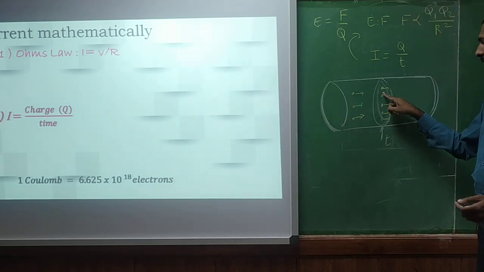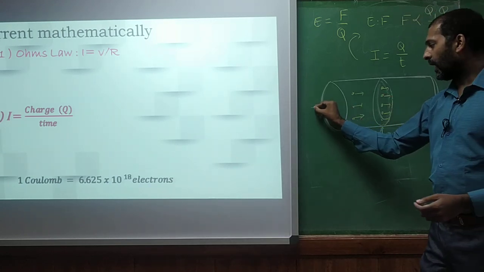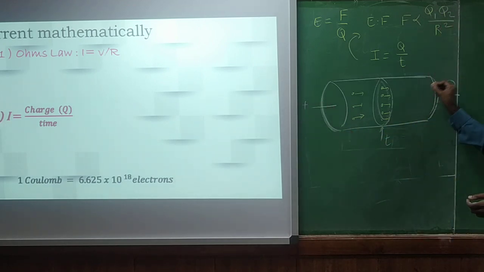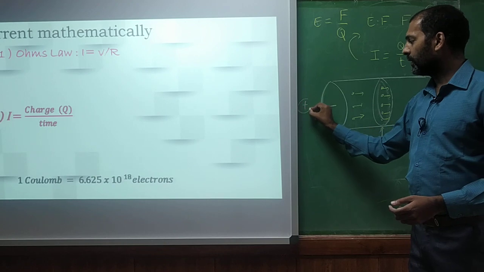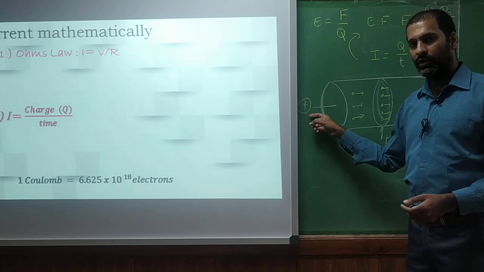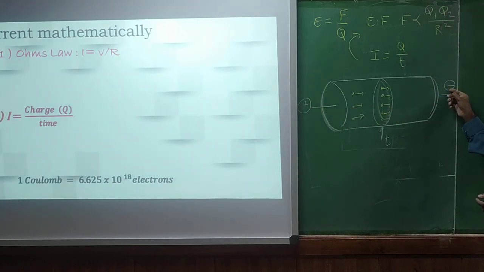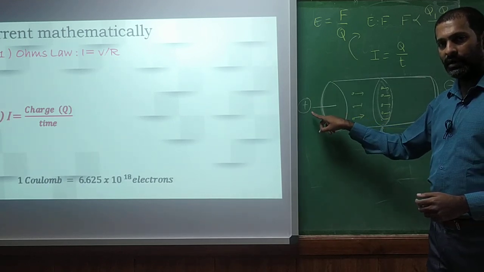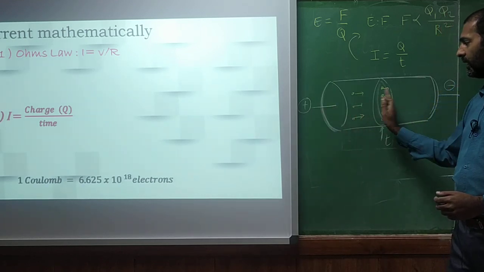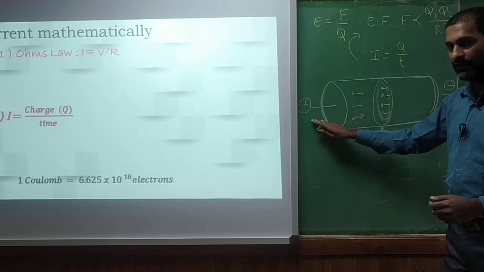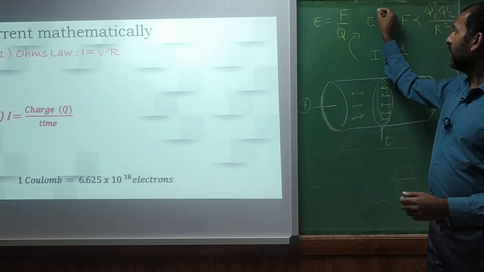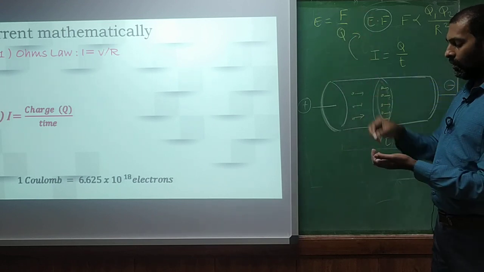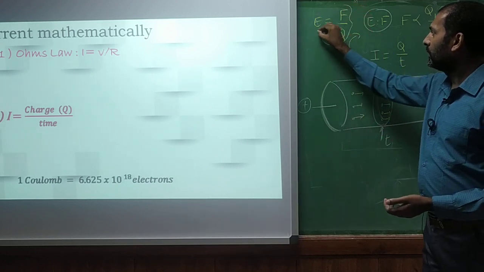So when I say electrons are moving, when I connect them with some kind of battery. Battery has two terminals. Always there are positive and negative terminals on a battery. That we will discuss in the next session. Before that, we have to understand that unless we have a battery, we don't get the electron flow. What happens when we apply a battery? We get an electric field. What is that electric field? It is force per charge.